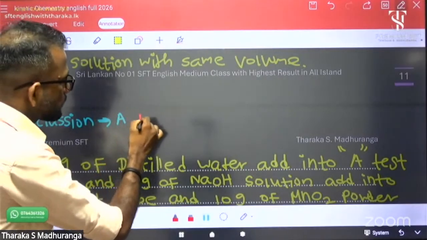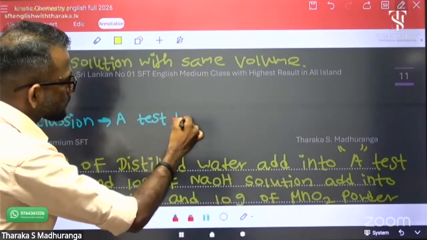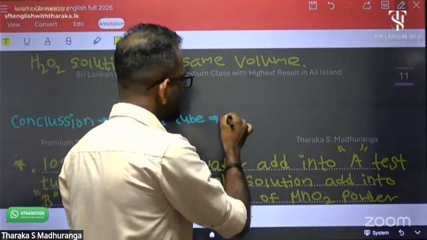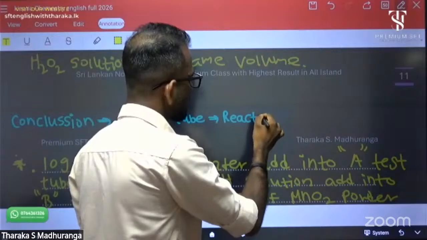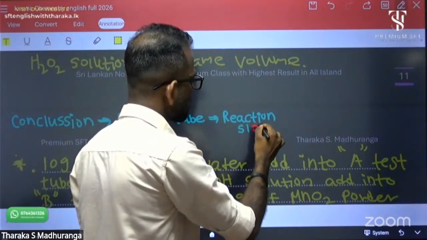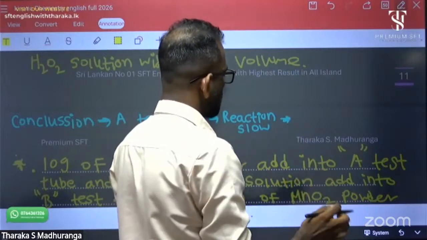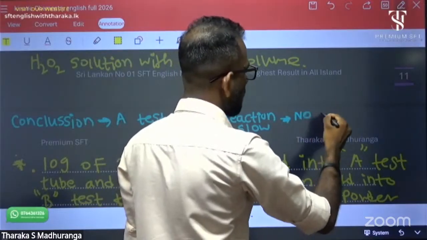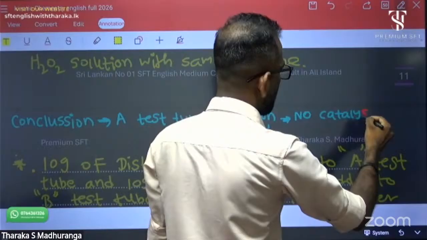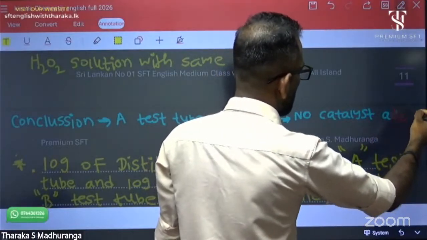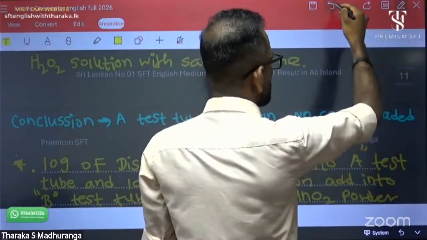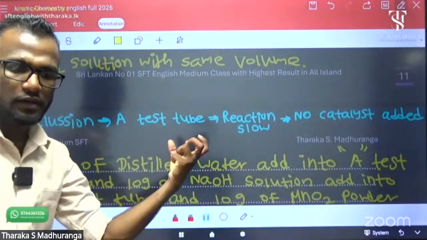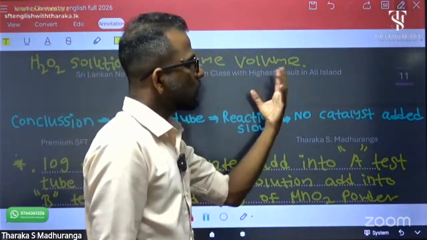A test tube: the reaction is slow, no catalyst added.